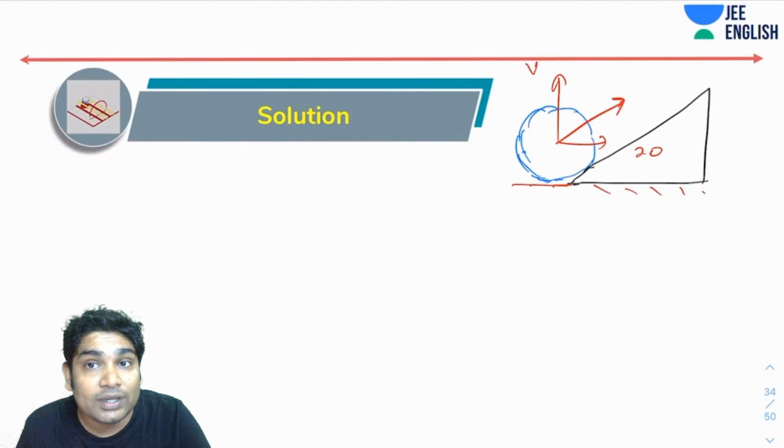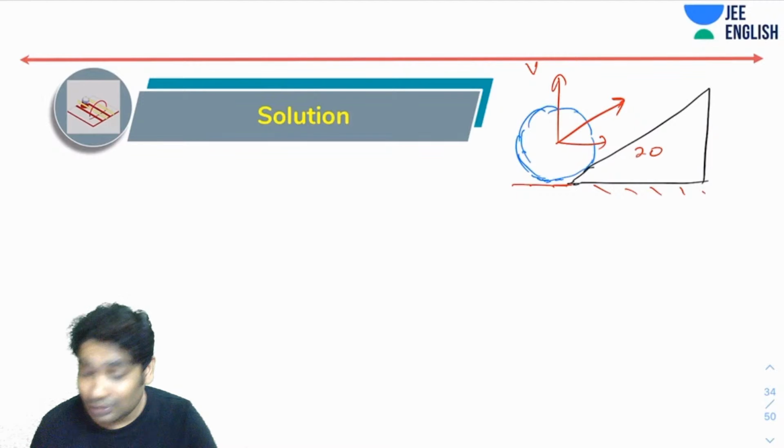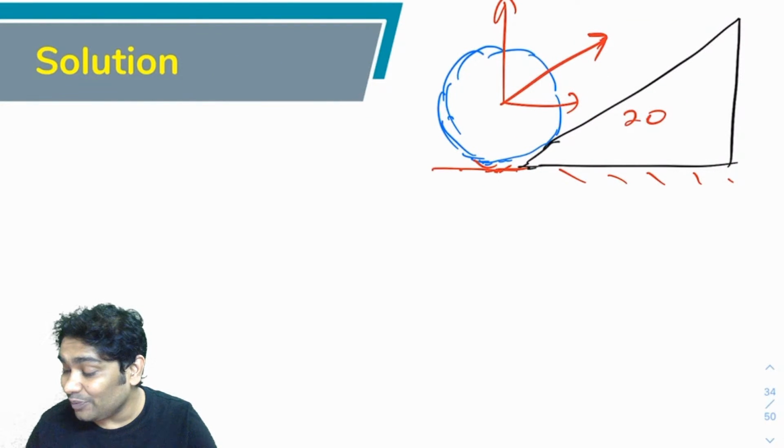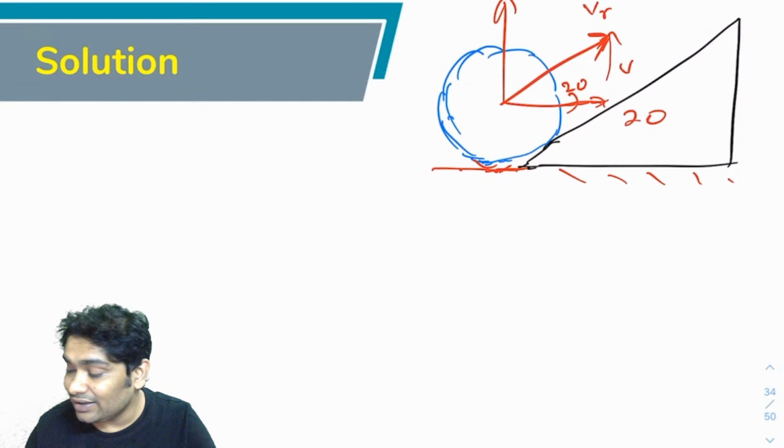So all I need to do is find the angle of the incline. If I can do that, then I should be good. How do I find the angle of the incline? I know the resultant of these two, 20 and v, should be this v resultant, and that should be along theta. If this is theta, then this should be theta.